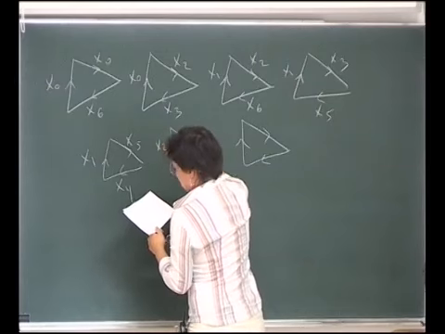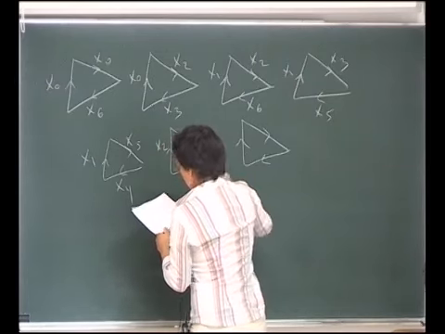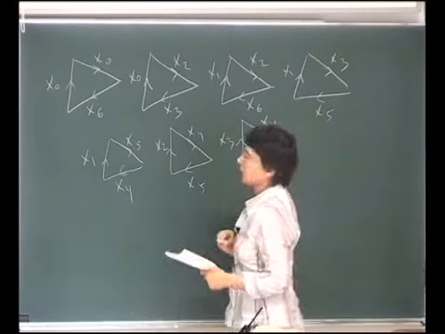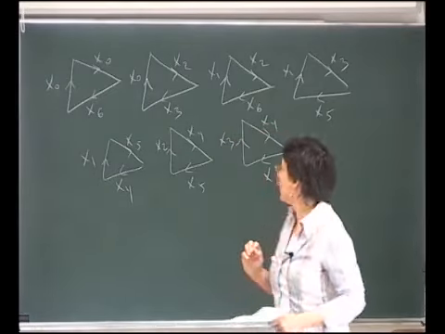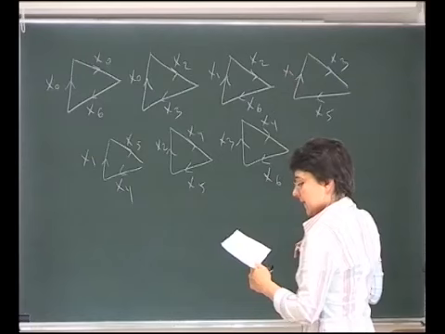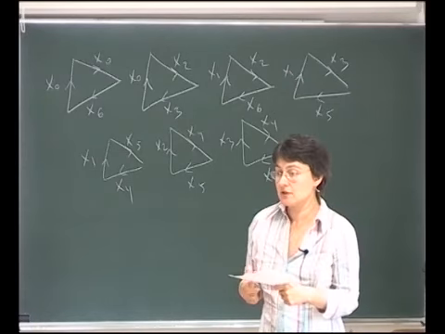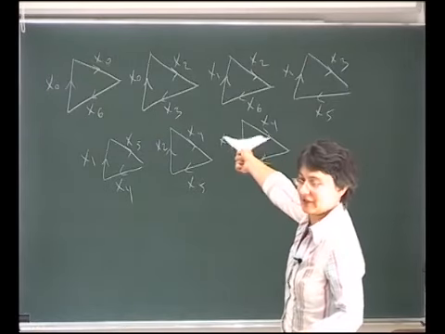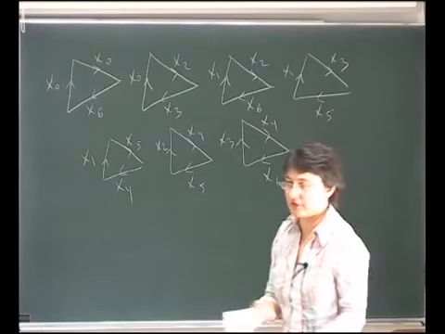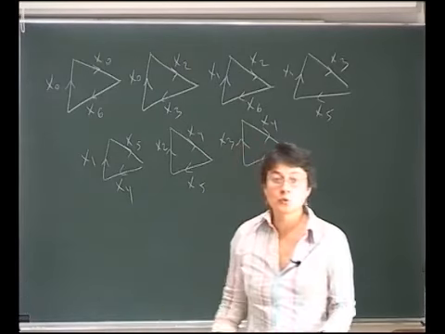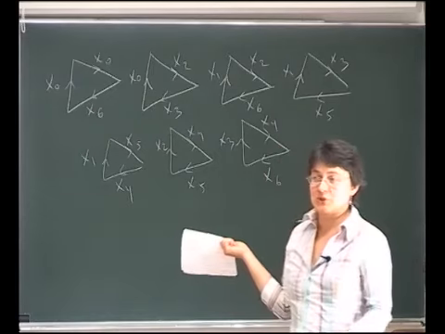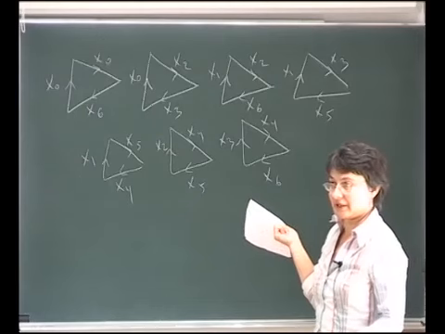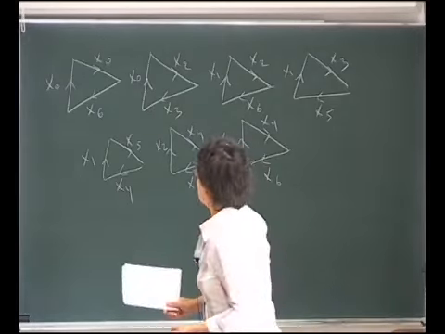And x1, x3, x5. x1, x5, x4. The first one has 2 x0s? Yes, exactly, 2 x0s. This is not a contradiction, because it's not x0, x0 minus 1. It's really x0. This is perfectly fine.